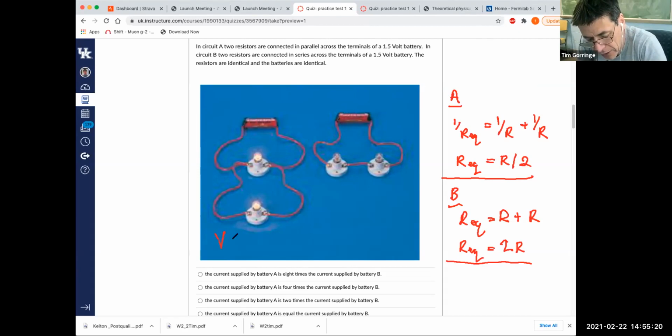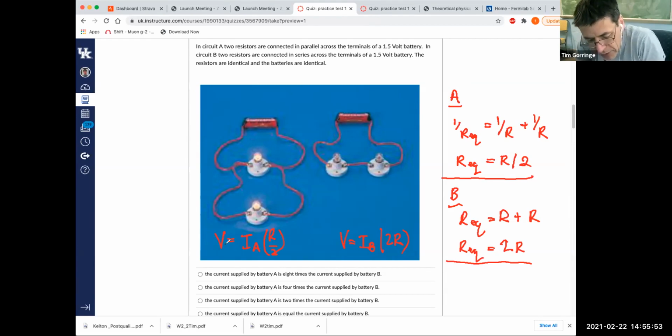We got V, which would be 1.5 volts, equals the current flowing in the left-hand circuit, I'll call it IA, times the resistance of the left-hand circuit, and that's R over 2. And over on the right-hand side, we've got the applied voltage, 1.5 volts again, will equal by Ohm's law the current in the right-hand circuit times the resistance of the right-hand circuit. That's 2R in this case.